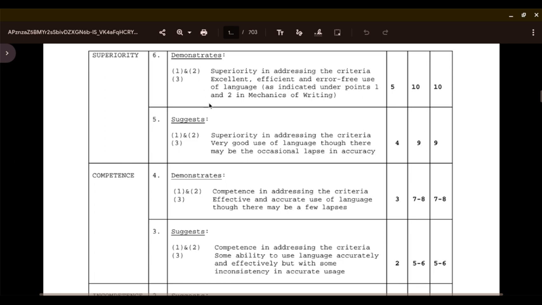For the language now, and you see the difference in language, which is again, please hit that language. For level 5 superiority, very good use of language, although there may be an occasional lapse in accuracy. So it's like this random one off, maybe even two off. It's just random, right? A random lapse. And when I read it, as someone who assesses writing, I can tell, oh, it's just a random lapse.